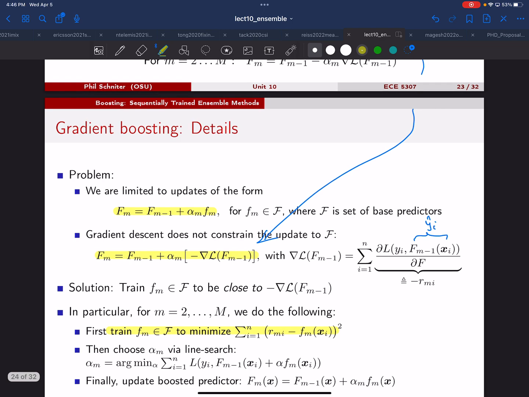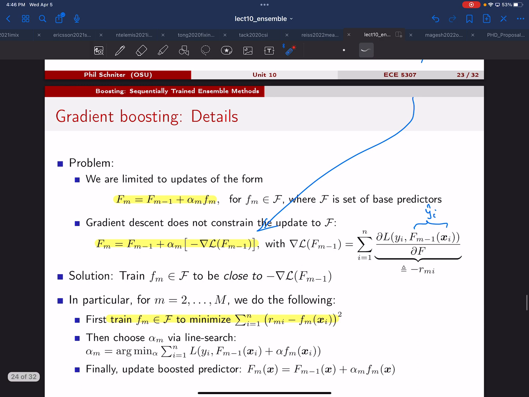Now, that hasn't told us yet what step size to use, right? This is like a step size times the negative gradient. So let's figure out the optimal step size. We can actually just do this because we have a training data set. So we know what this is going to be. This is something we already designed. This is something else we just designed. And now I can find the alpha that is optimal in minimizing our loss over all our training samples.